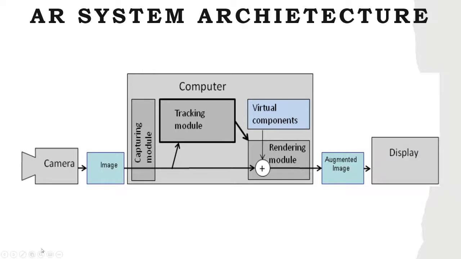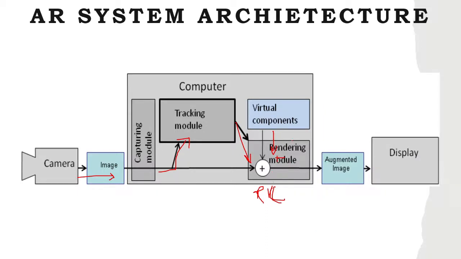Like if I had to show you with the pen, first of all it is moving from here and there. Then from here it is going to the rendering module, and this virtual component is adding to the real world component. Sorry for the bad handwriting, but this is RC, meaning real world component.